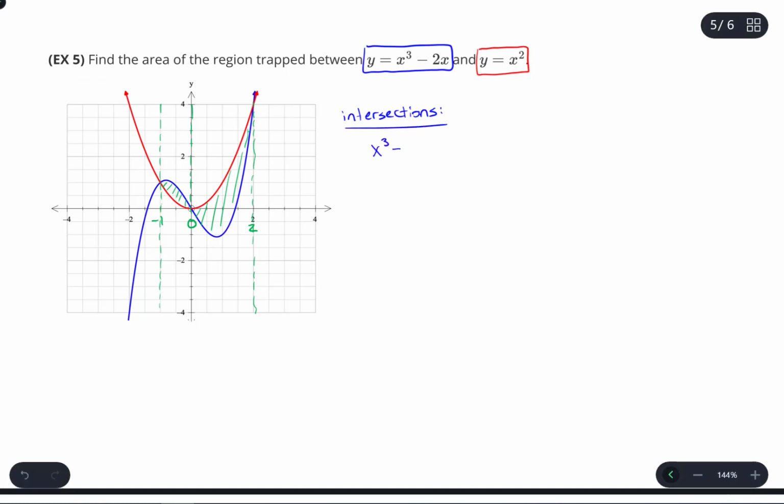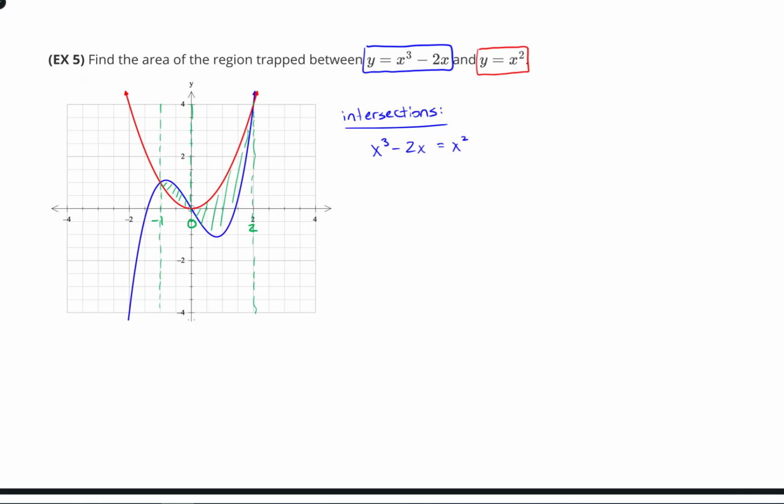So x cubed minus 2x is equal to x squared. As long as both of these functions are solved for x or y, just depending on the problem, then you can just set them equal to each other, and that's fine.